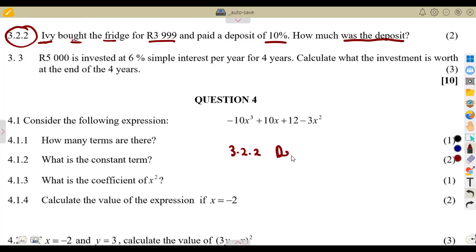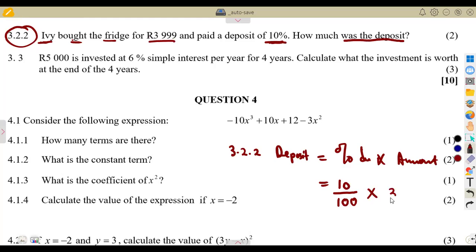It simply means the deposit is equal to the percentage deposit that you're given there times the amount that you're given. Our percentage deposit is 10%, so it's 10% of the amount. So 10% of means 10 over 100 times the amount, which is 3,999.